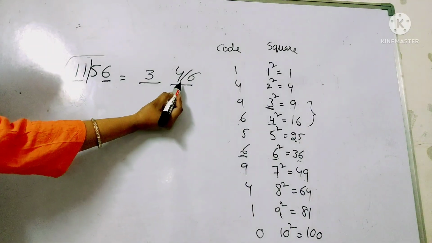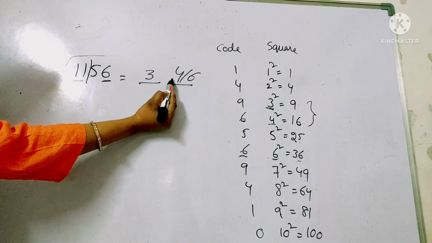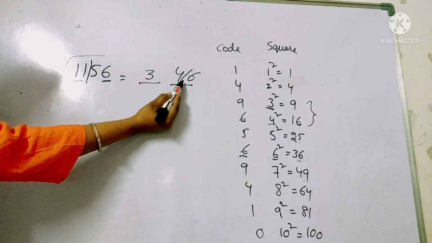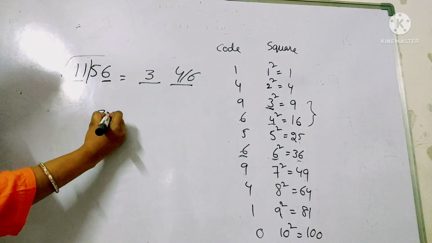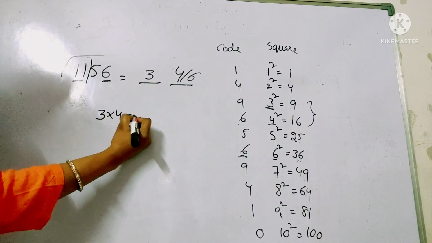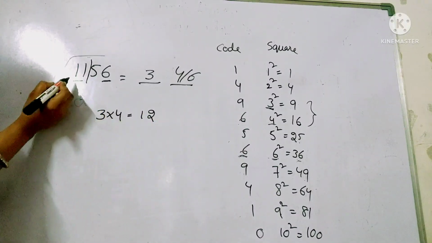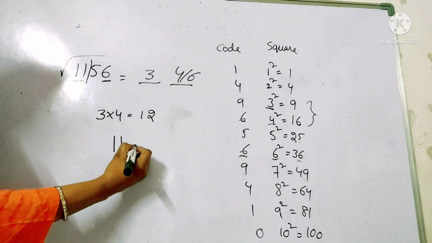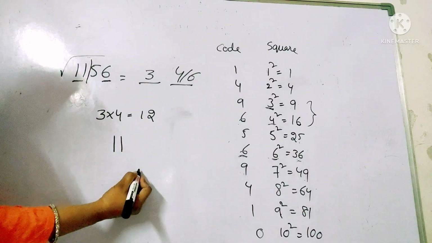Now the next part is you have to get one number here. So how to get that? You have to take this 3 and multiply with the next number, that is 3 multiplied by 4, 12. Check this 12: is 11 greater than 12 or less than 12?